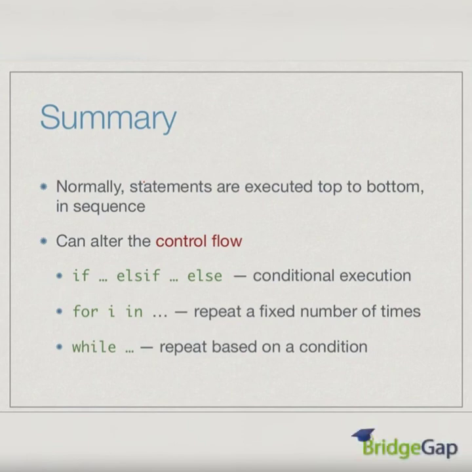And at last, we learned repetition based on a condition, where we use the while loop, in which the condition is checked, and if the condition is true, the statements are executed until we obtain a false condition. So this was the short summary that you need to remember at the end of the lesson.